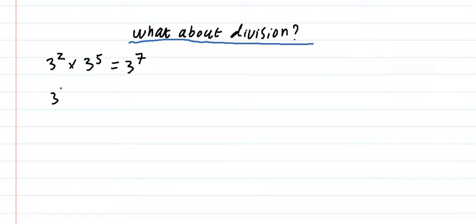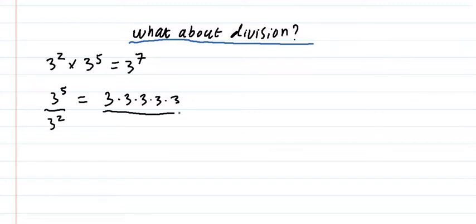3 to the power of 5, for example, can be written as 3 times 3 times 3 times 3 times 3. And if we divide that by 3 squared, we're going to divide that by 3 times 3. This cancels with this to give 1, this cancels with this to give 1, and we are left with 3 to the power of 1, 2, 3, or 3 cubed.